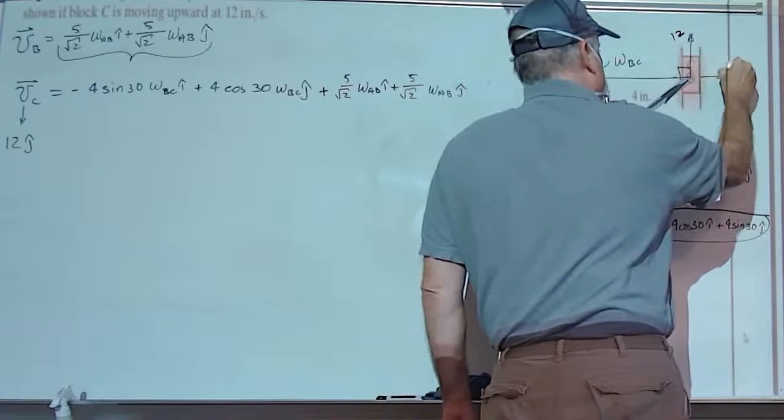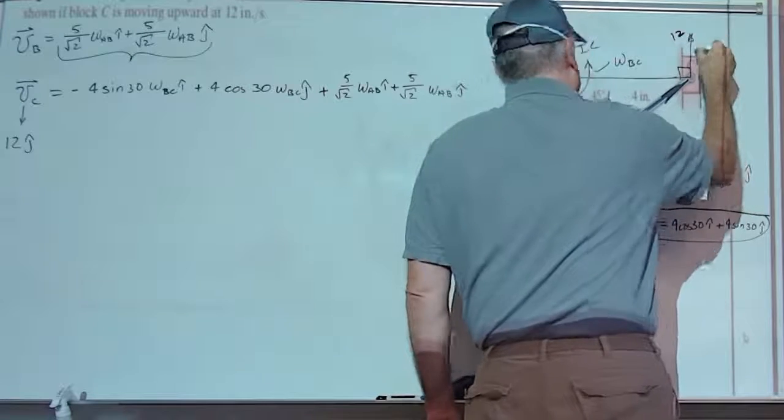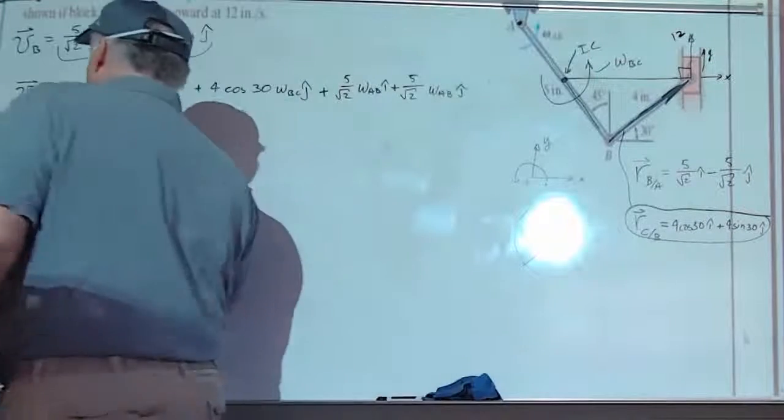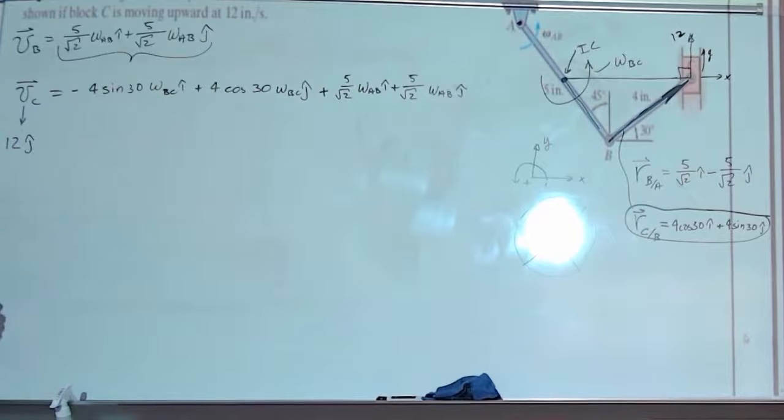That being x, and this being y. Now, instead of rewriting it again, I'm just going to erase the 12j.